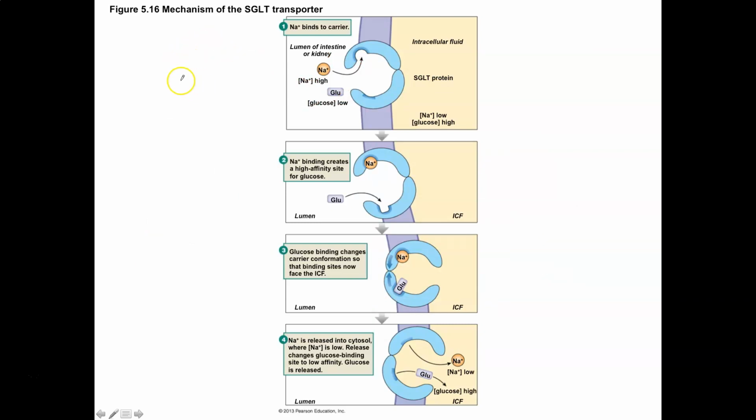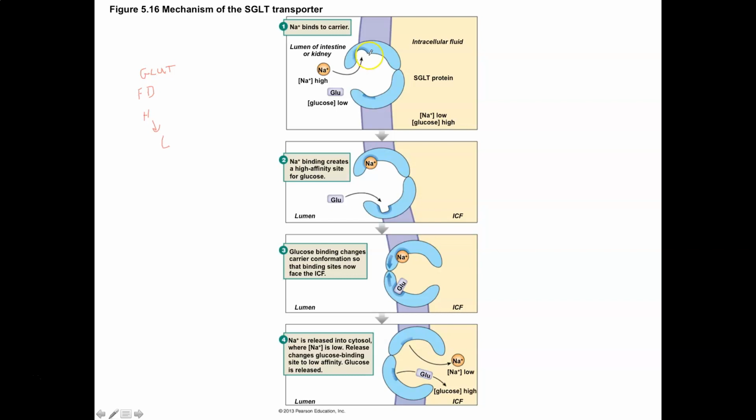So we saw earlier that you can just have a GLUT transporter, but a GLUT transporter is facilitated diffusion. That's just using the high to low concentration gradient. It's just a form of passive transport using the high to low gradient. This sodium glucose transporter is dependent upon the primary active transport that's created by the sodium potassium pump.